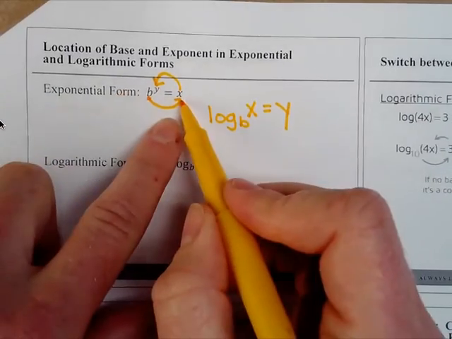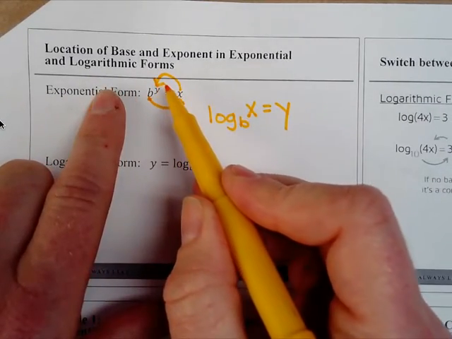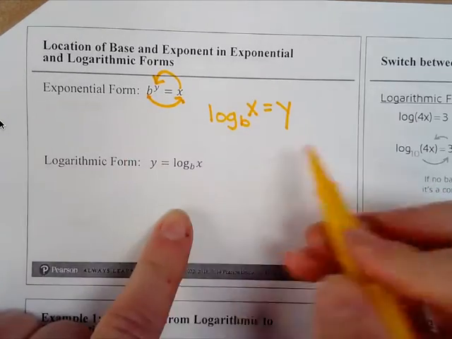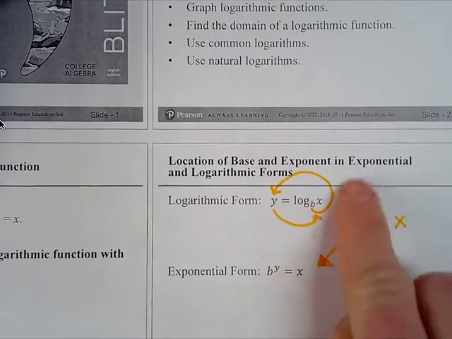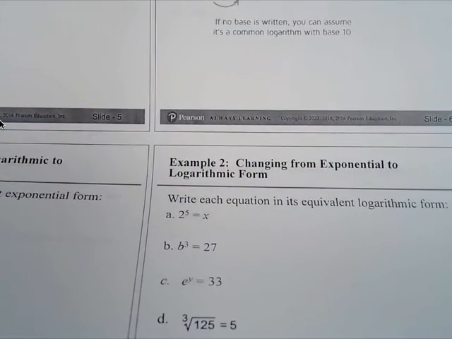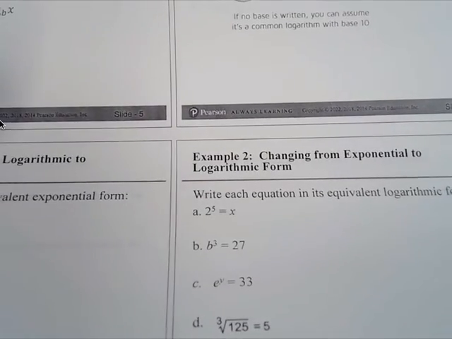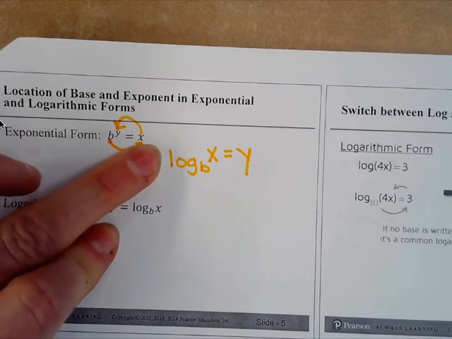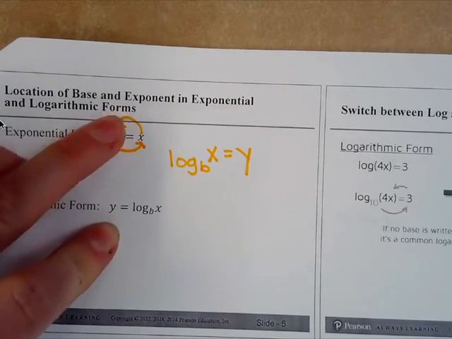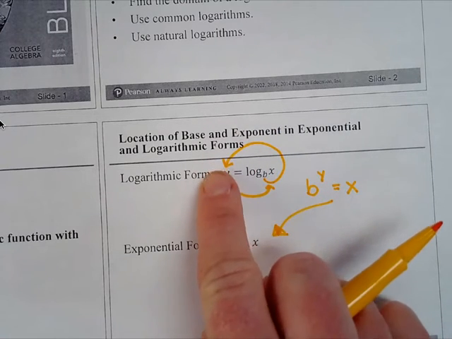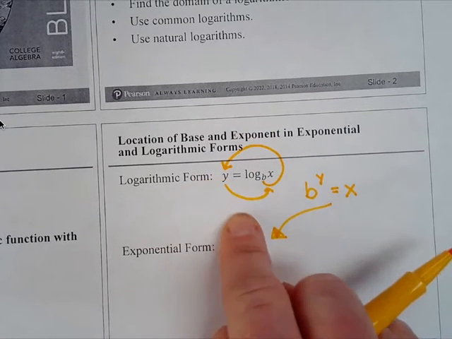So b goes to x, x goes to y. And then on the other form, you go from b to y, y to x. So you're always starting at the b. On this one, we started at b, went to the other side of the equal sign, and then came back around. On this one, we started at the b, went to the other side of the equal sign, and then came back to x.